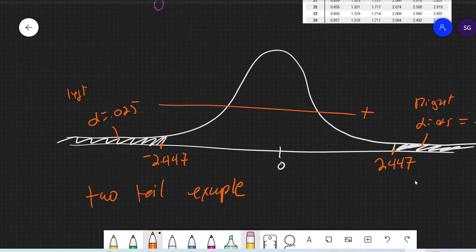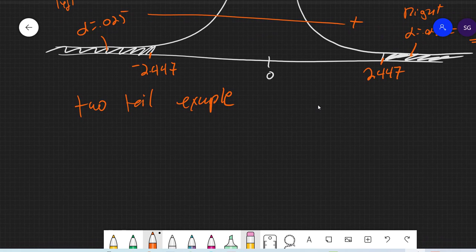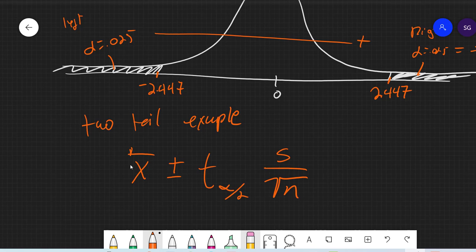If we then turn this and look for x, we have to do our t-distribution modification, which is x bar plus and minus, right? Left tail and right tail. My t-distribution, in this case with alpha divided by 2, which is what we did. This is confusing, that looks like two 2's. Alpha divided by 2 times s over the square root of n.